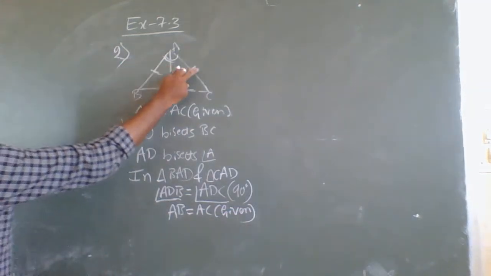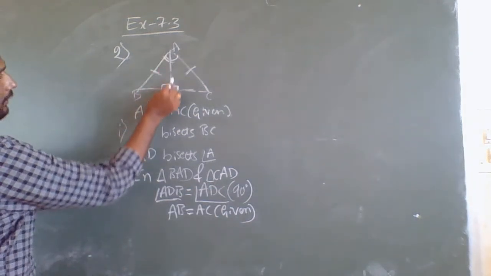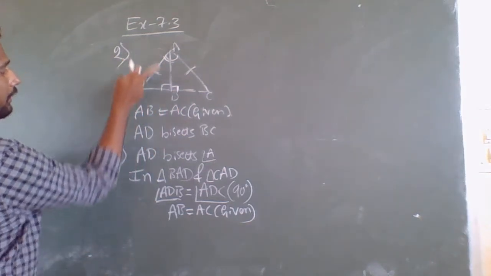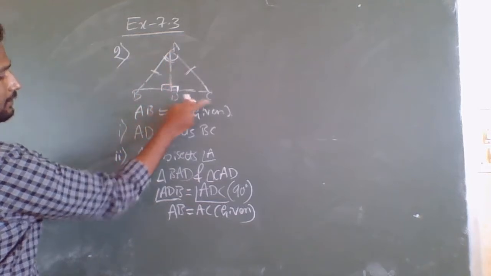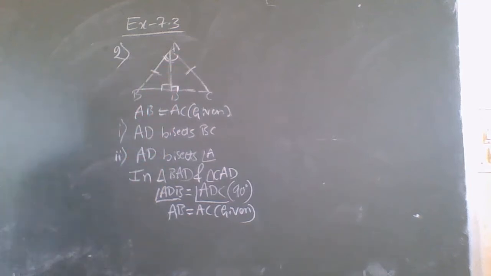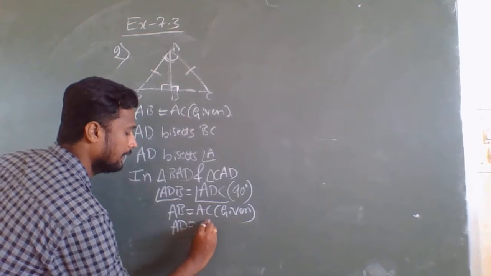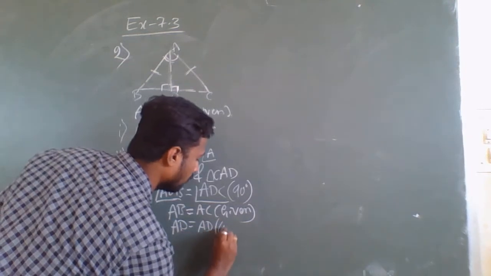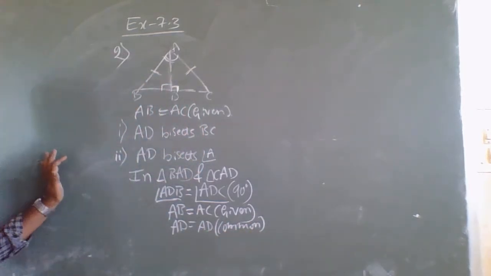Next, this side AD, the altitude AD, is common to both triangles ABD and ACD. Therefore, I will write AD is equal to AD because this side is common in both triangles.